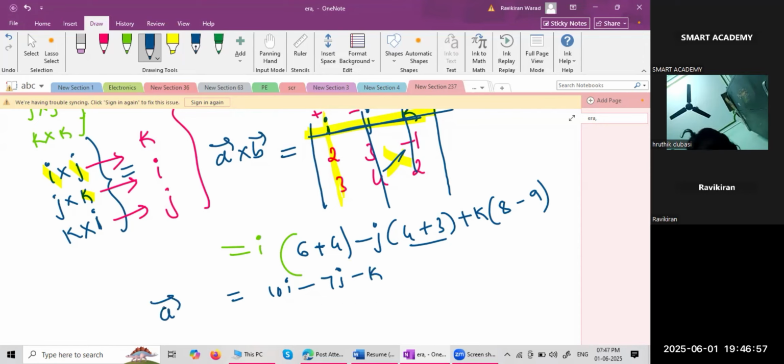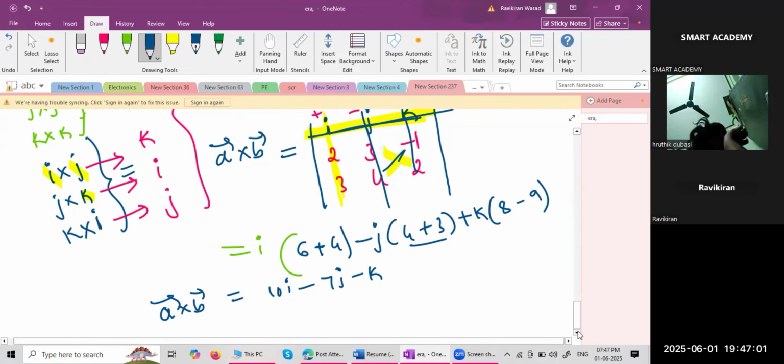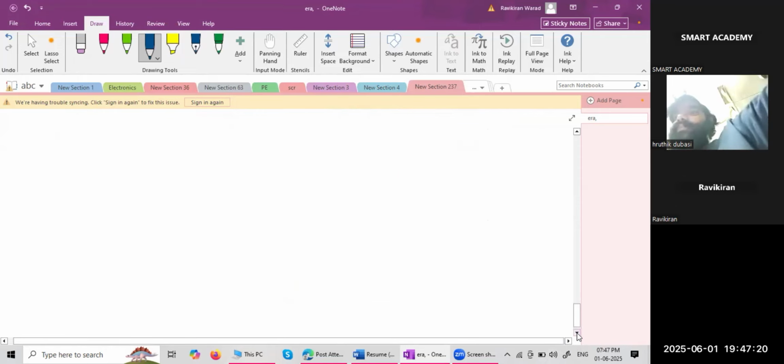This is the result of the cross product of the two given vectors. Hope it is clear. Any confusion? These two are the very, very important and basic concepts to learn gradient, divergence, and curl. Can I continue now? Okay, yes, we can continue.